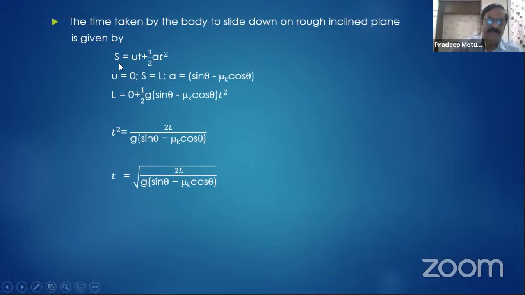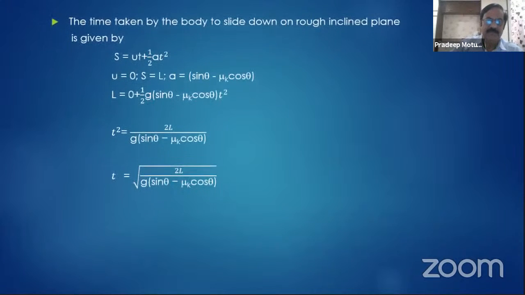Take this equation: S is equal to ut plus half at square. Here S represents the length or distance traveled by the body, u is the initial velocity, t is time, and a is acceleration. This is the equation of motion of a body moving with uniform acceleration.